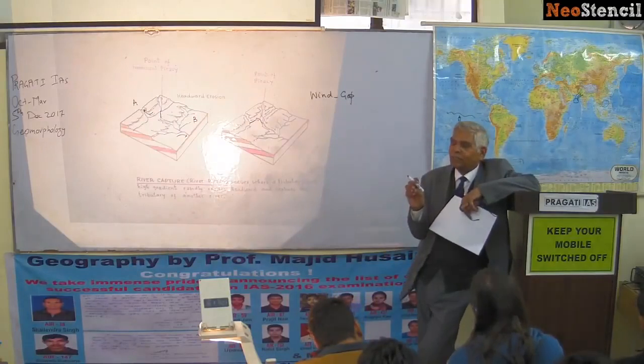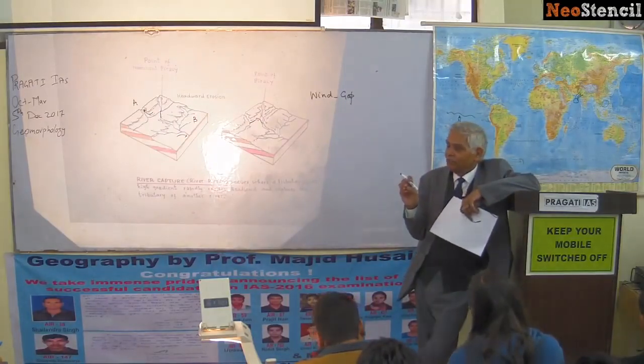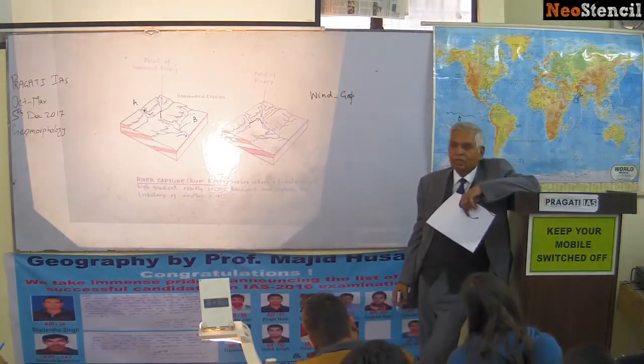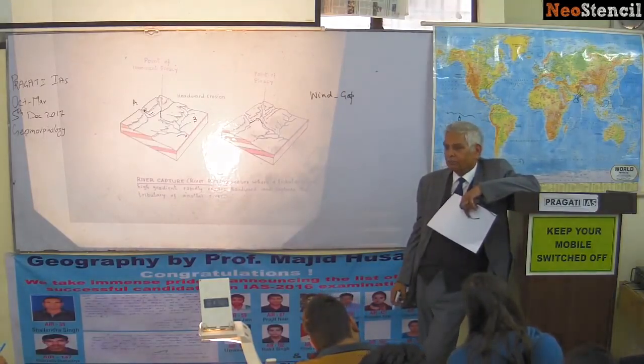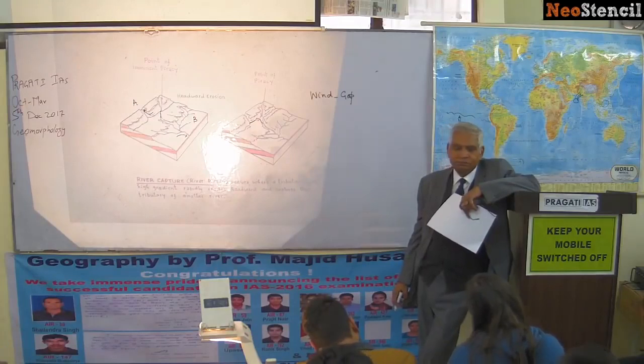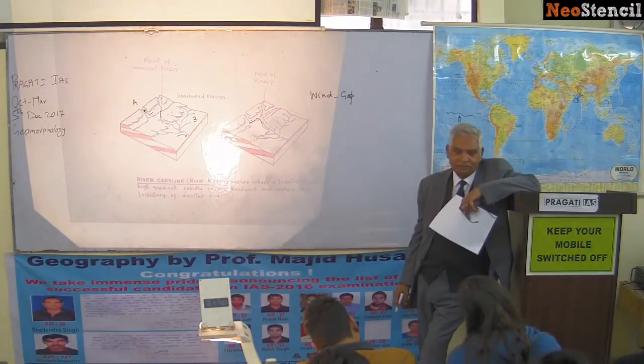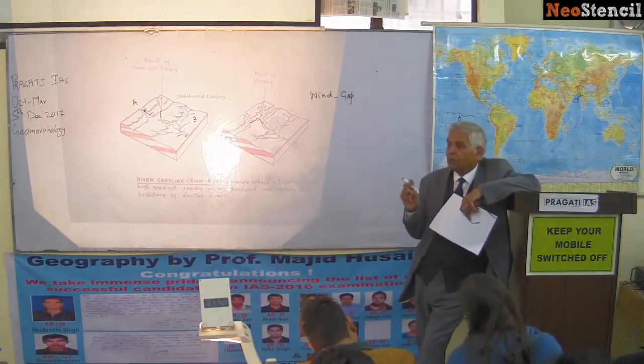Now, then some practical examples. In the Himalayas, the Kosi river has captured the water of Arun river. Arun, ARUN.